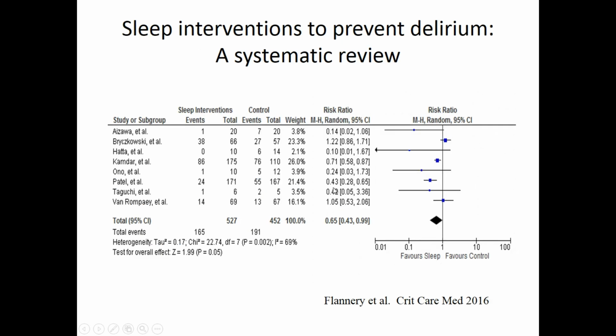In one recent systematic review, the 8 or so articles that looked at interventions to improve sleep and how they affected the incidence of delirium were summarized. And you can see here that there was a fairly strong tendency showing that those interventions aimed at improving sleep reduced the incidence of delirium.